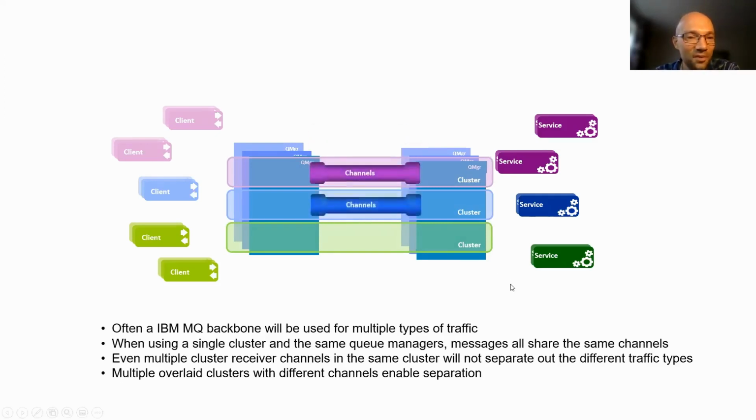So you can have a cluster for each different type of workload, with each queue manager part of all those clusters. Now you've managed to separate the different types of messages between different channels used in different clusters. That keeps things from impacting on each other, and lets you tune your channels for best performance for those different types of workload.